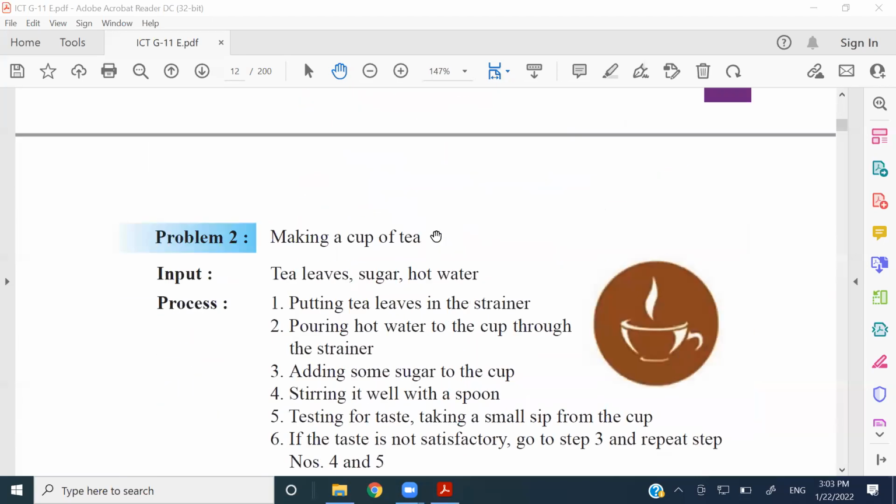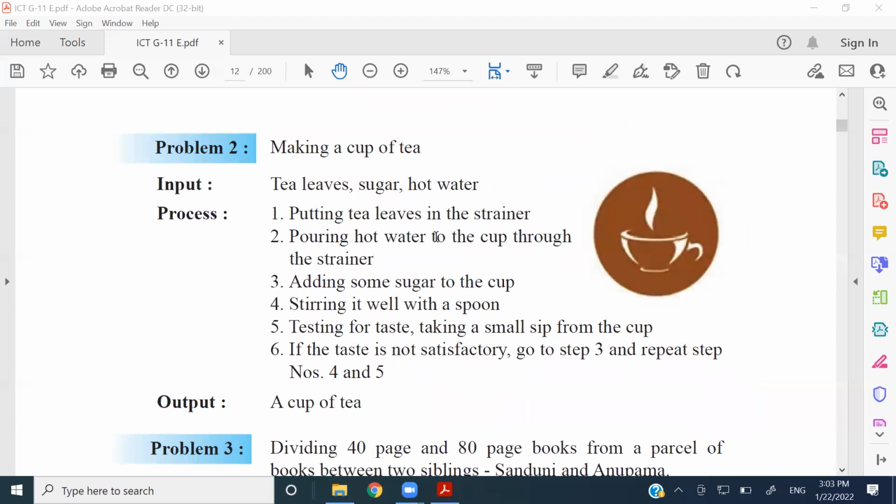And in the second one, there was something to be done again and again. So when one particular expression or a few steps have to be done again and again, we name it an iteration or a repetition.